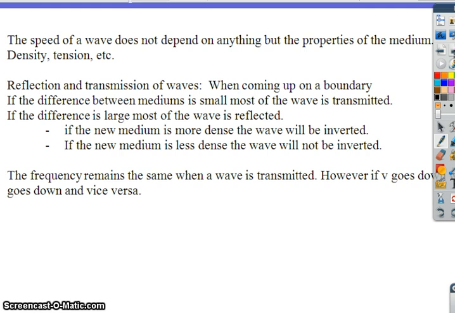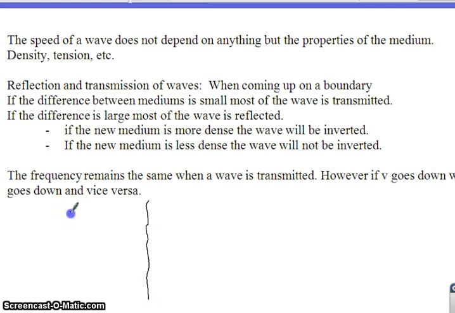When you do have wave reflection, the way the wave reflects depends on how the densities of the two materials compare. Okay, so let's say I have two different media, and over here I have the more dense, and here I have less dense.